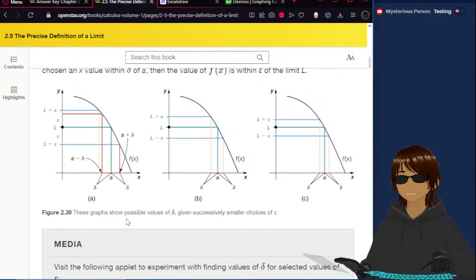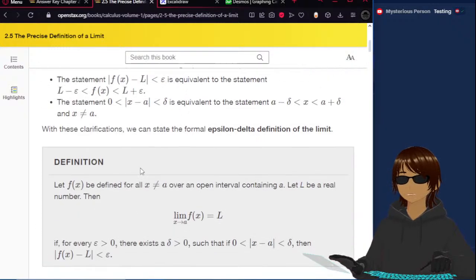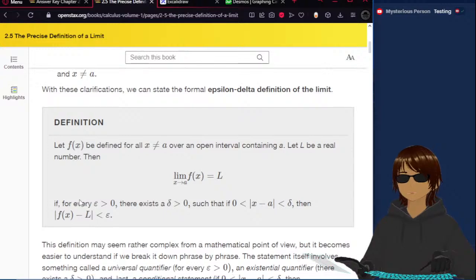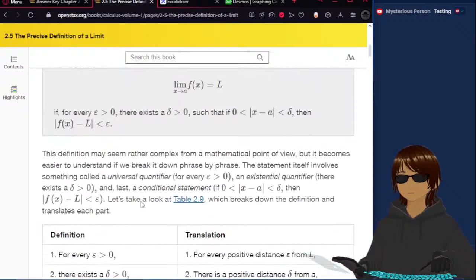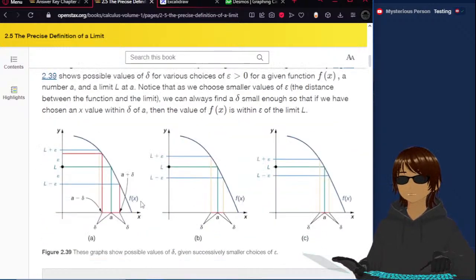Did I have a graph? Yeah. Definition of a limit is that as x approaches a, f of x is going to approach this number. That means what? For every epsilon more than 0, there exists delta more than 0.